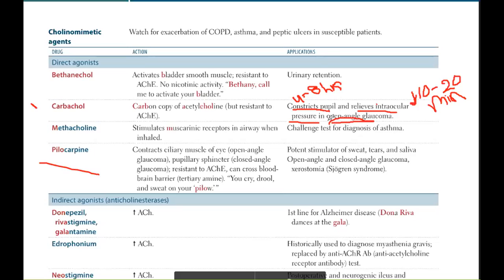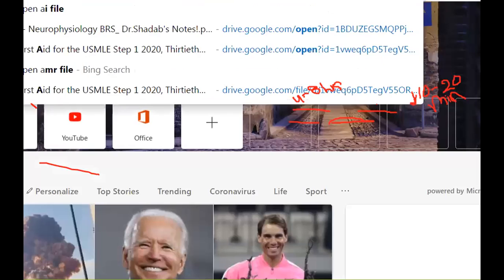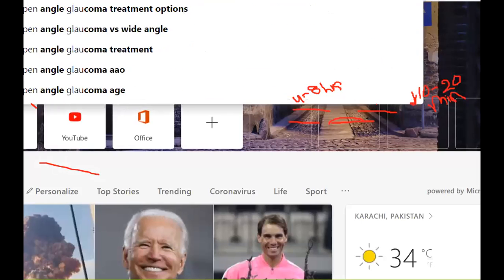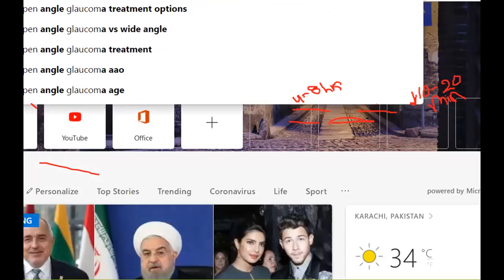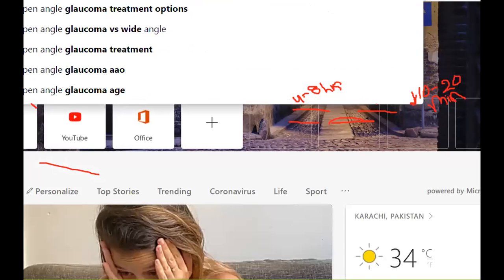Let me show you a picture of open angle glaucoma.